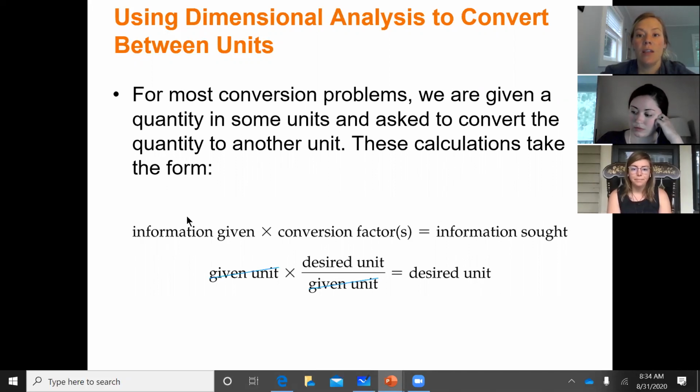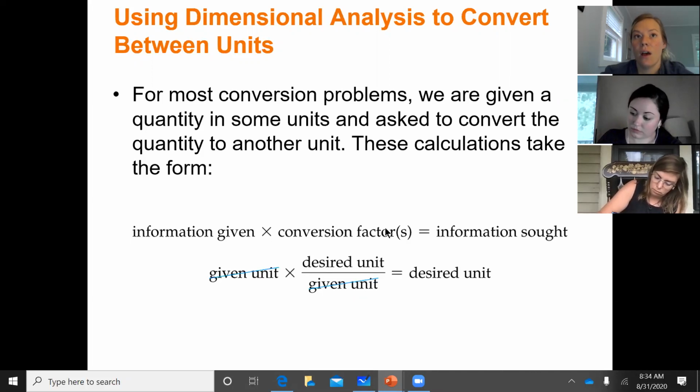In a unit conversion problem or in dimensional analysis, you'll start with given information. You multiply it by something called a conversion factor. A conversion factor is something that has two values that equal each other.